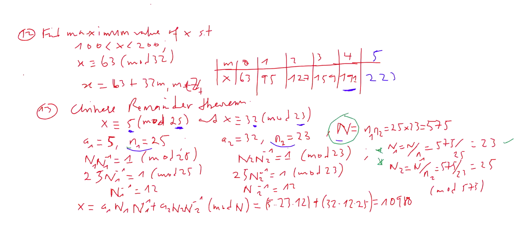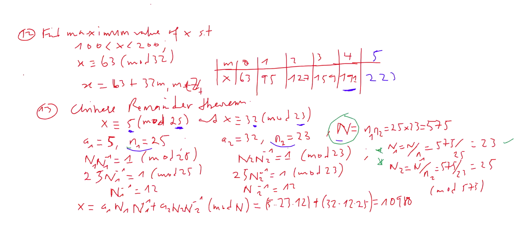The multiplicative inverse of capital N1, which is 23, is 12. And capital N2, which is 25, its multiplicative inverse as well is 12.